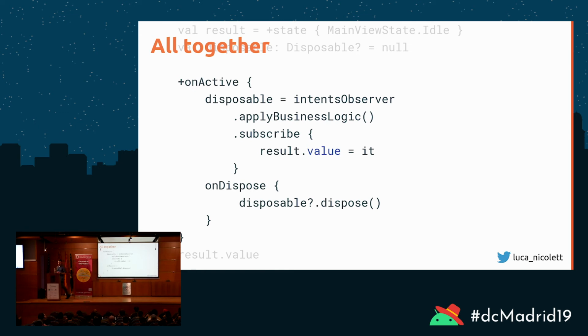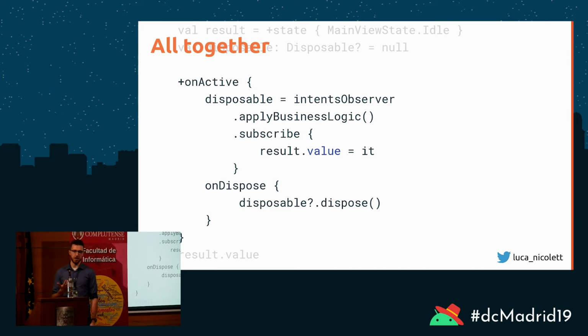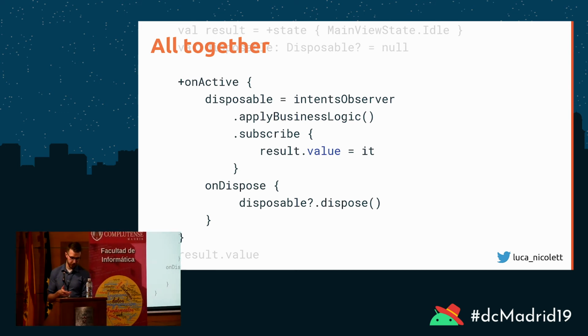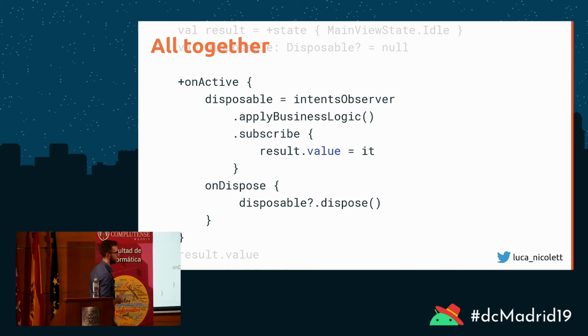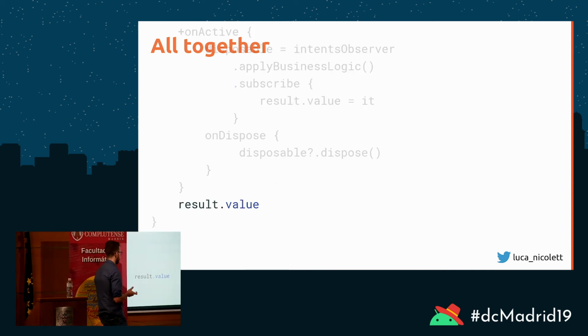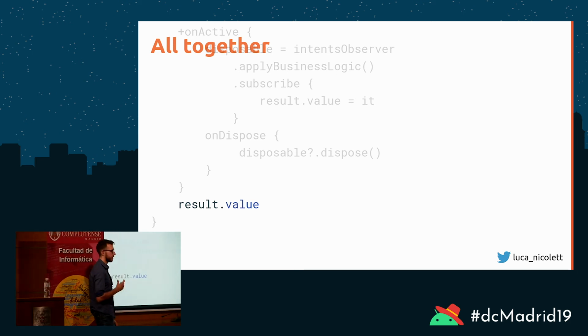On active, so when the function first reaches composition, with our intent observer, we apply our business logic, firing API calls, updating the state and whatever, and we subscribe to them, updating the result every time. So every time a new state is emitted by our business logic, we update this result. On pause, we just clear after ourselves, and we then return the value inside the state, which is our view state.